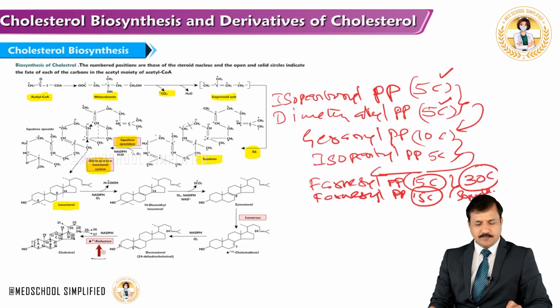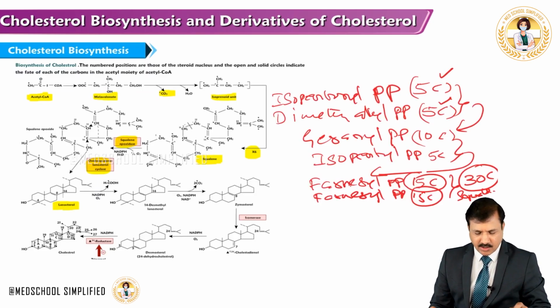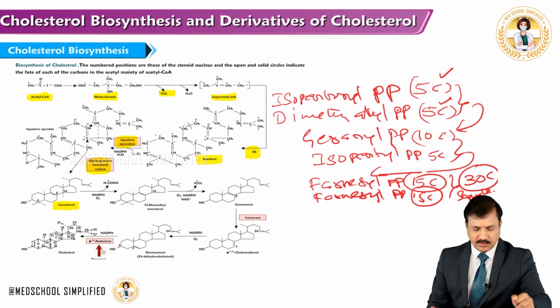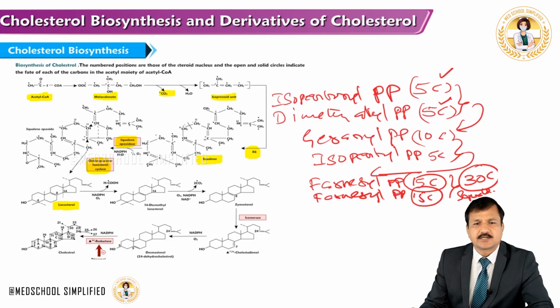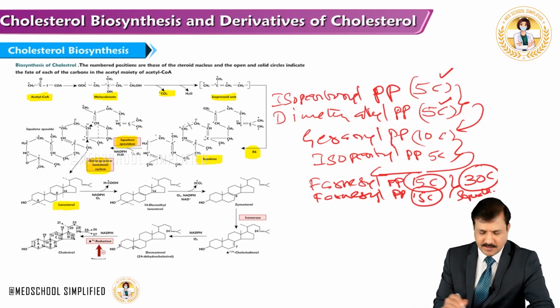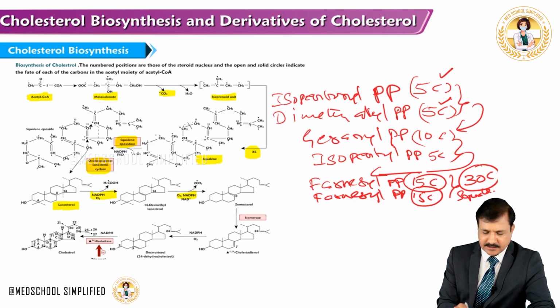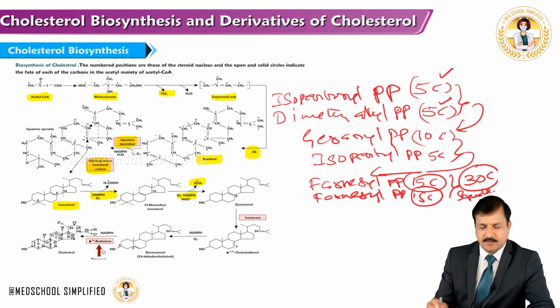Alright, so once you get lanosterol, it will undergo further reactions. Again there will be multiple reduction and decarboxylation reactions going on, where NADPH, H plus, molecular oxygen are used and carbon dioxide is released, and that makes initially zymosterol.